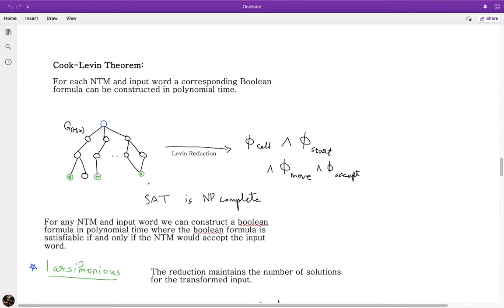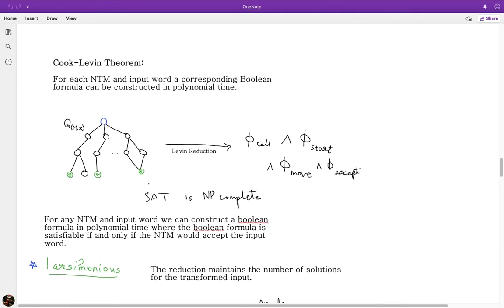For that we need to first look into the Cook-Levin theorem. Let us revise what we had learned earlier. Here we have a non-deterministic Turing machine, and a configuration graph for that Turing machine for a specific input x.